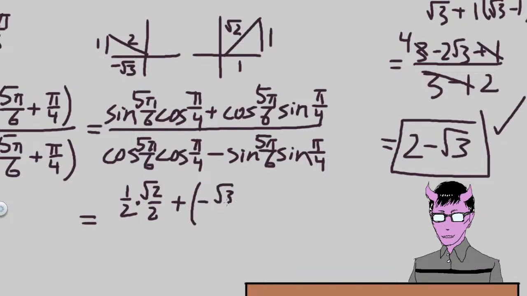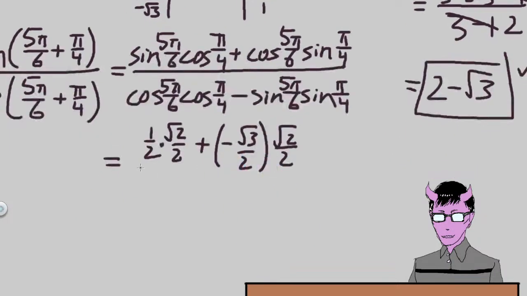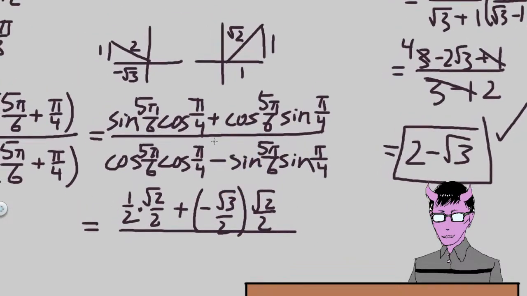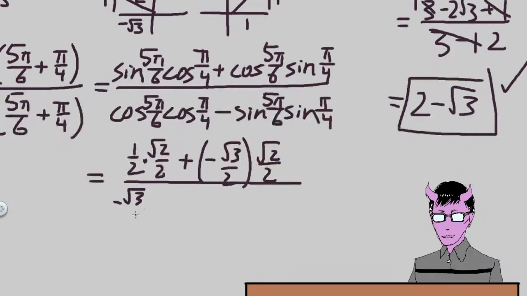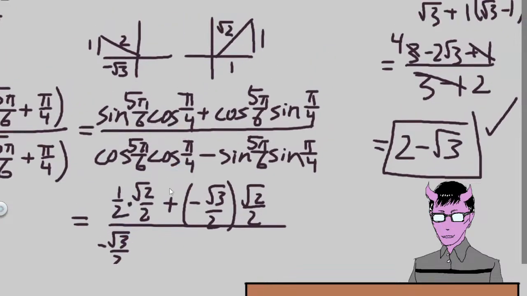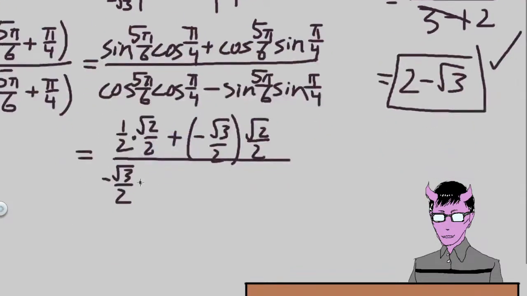Parentheses. Sine of pi over 4. Alright. We should have the same values for the most part. So cosine of that is negative root 3 over 2. Cosine of that, root 2 over 2.